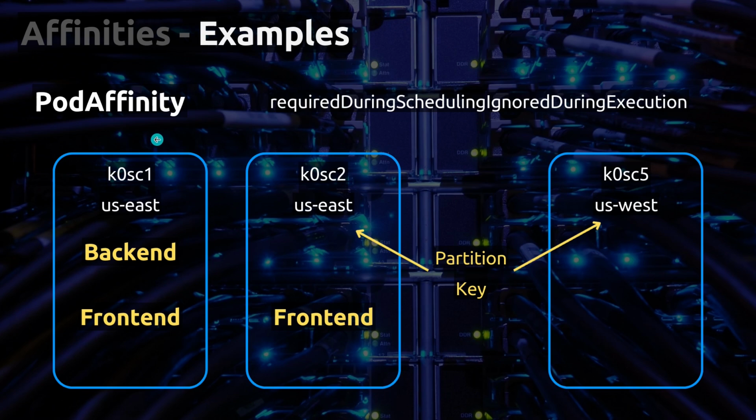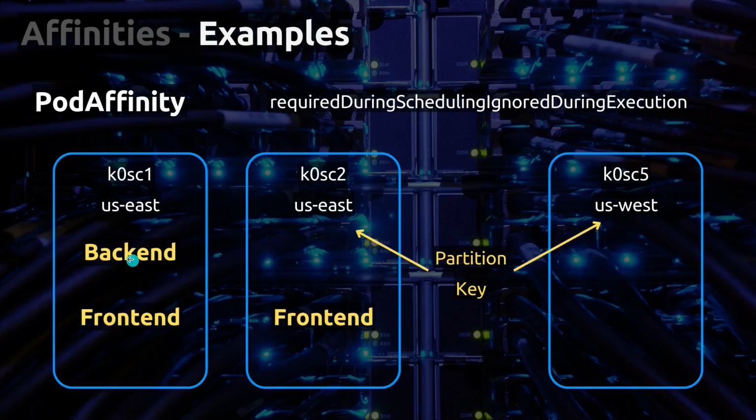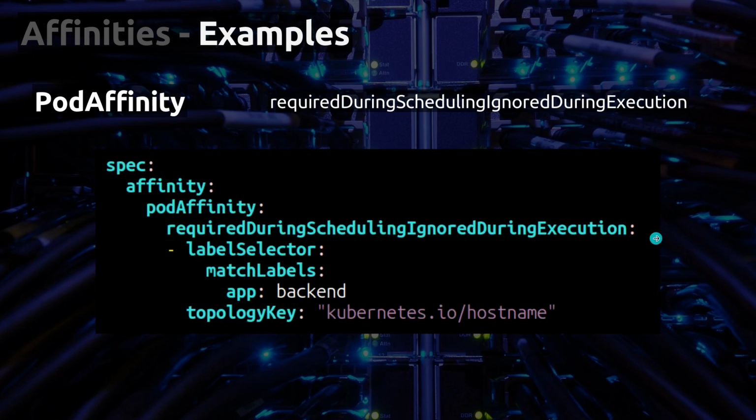After that, we have our front end with app label set to front end, and just aside of it, we have another deployment with a label app backend, and we will use the same topology, so it's host name, and we will ensure that front-end and backend will be associated on the same host name because we use the topology host name.